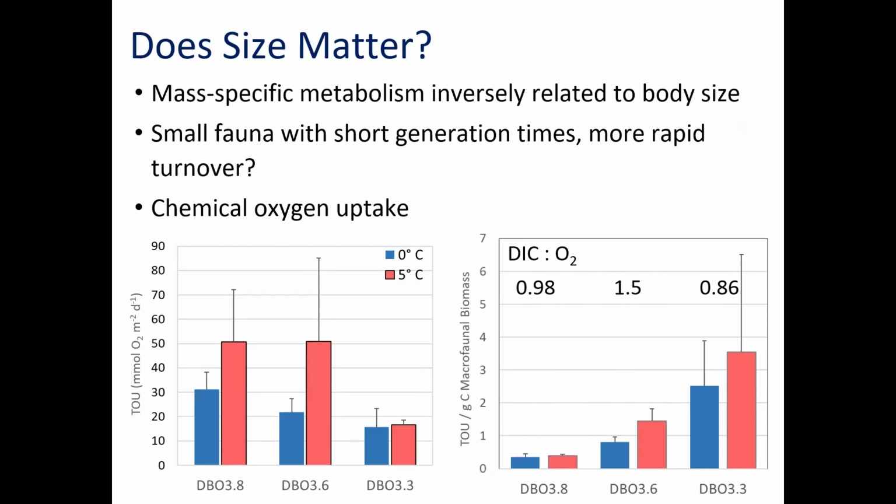I interpret this as, I mean, it makes sense that there's a relationship between mass and metabolism to some extent, but I don't think the small fauna should be discounted from being important, and they often are ignored in place of just focusing on the large things that are sucking up a lot of the oxygen. Because the smaller fauna are turning over much more quickly. These are shorter lived species.